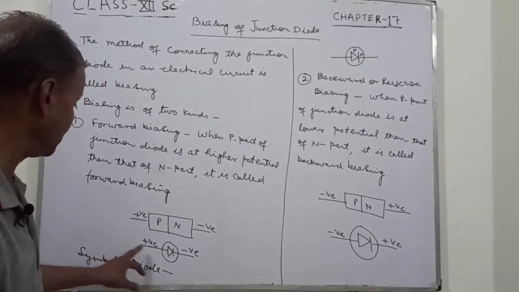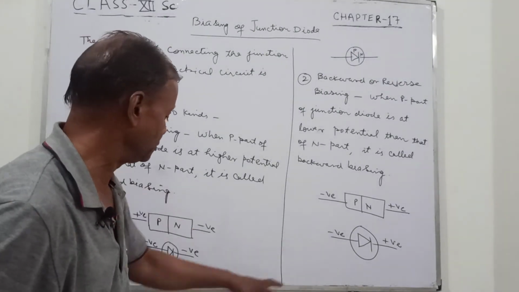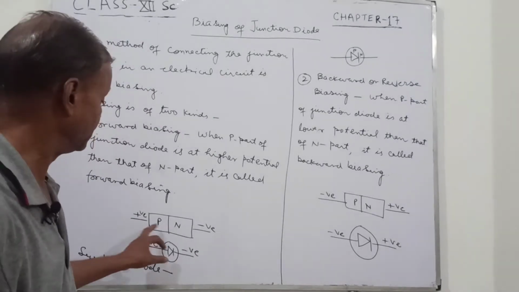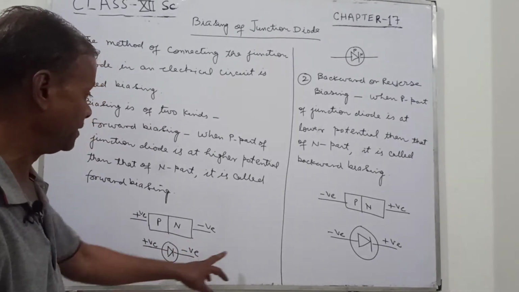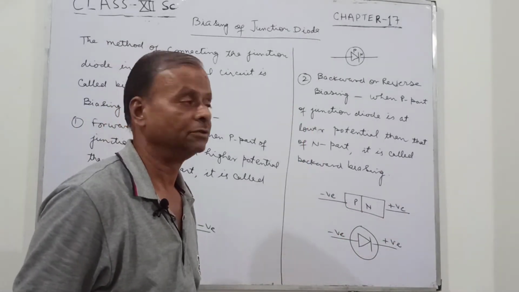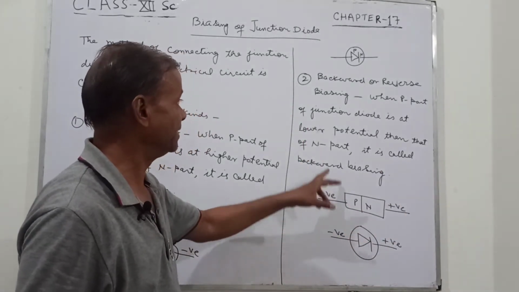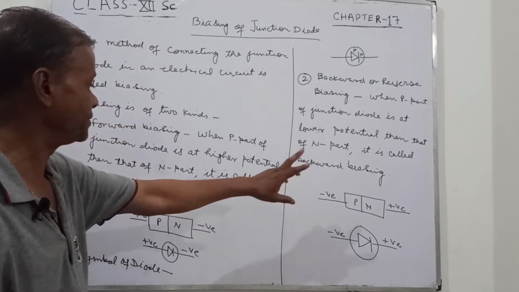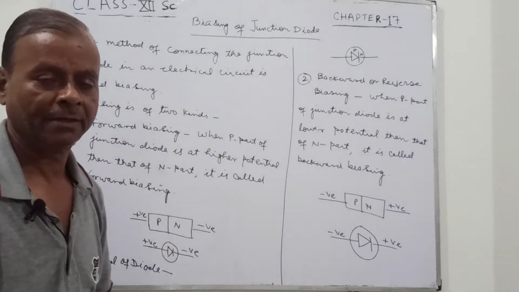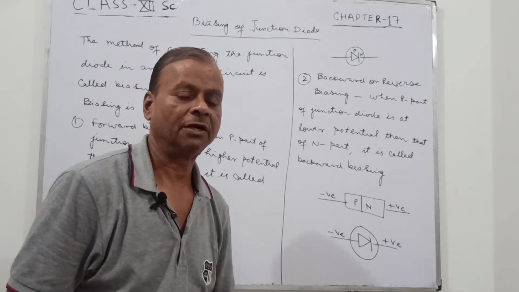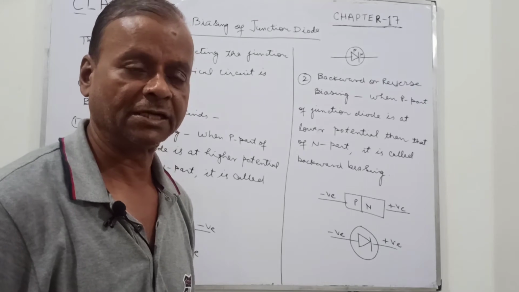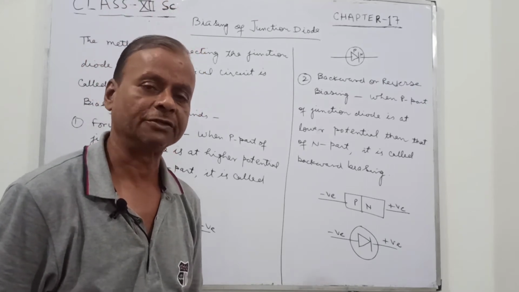You can say that these two are just opposite of each other. Here P is at a higher potential than N, and here P is at a lower potential than N. So when this happens, it is backward biasing, and when this happens, it is forward biasing. Now I will take up what happens when the junction diode is connected in forward biasing and reverse biasing.